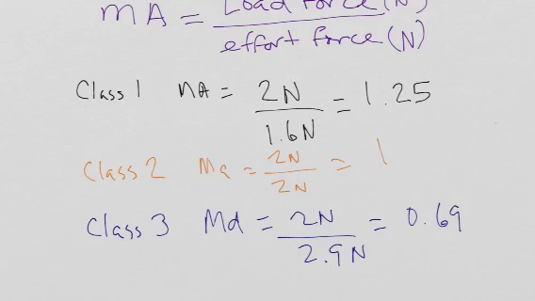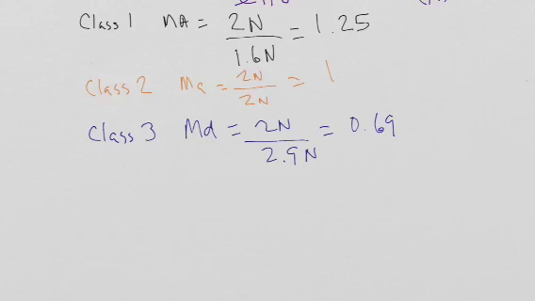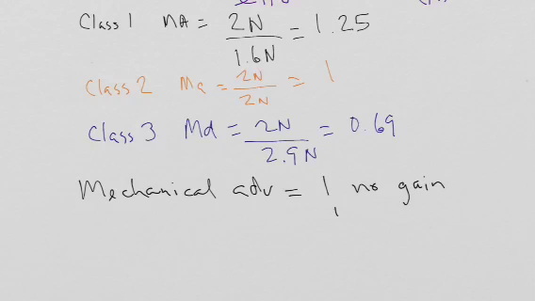So what does all this mean? Well, we're going to look at what the actual meaning behind these numbers is. If the mechanical advantage is equal to 1, that means that there's no gain in using the machine.